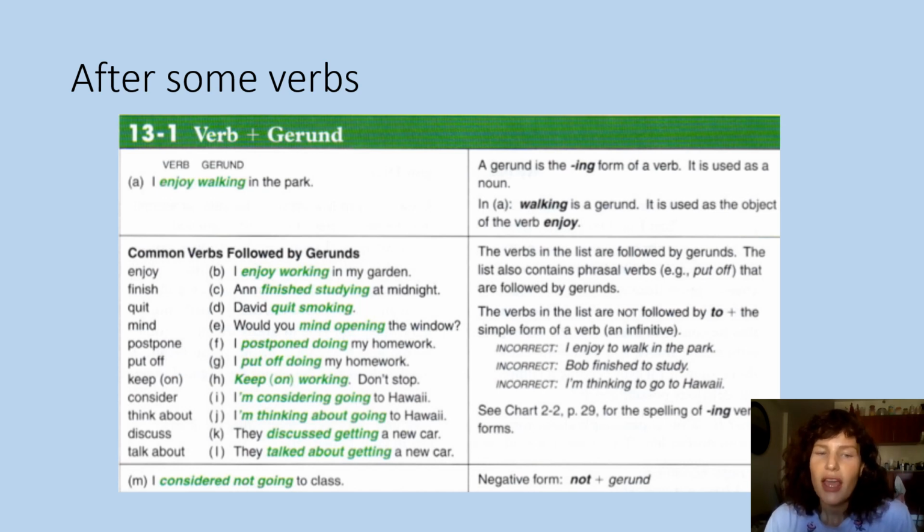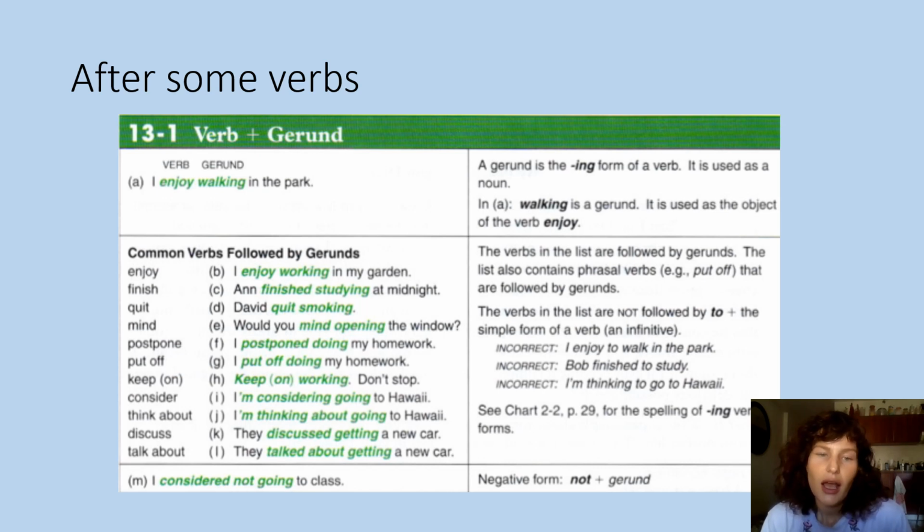Verb ing. They have some examples here also of what we call phrasal verbs. A phrasal verb is when you put a verb with a preposition and it creates a new meaning. For example, if we look at G, put off. The verb put typically means to place something somewhere, but put off means to postpone or procrastinate, to do something later, okay?